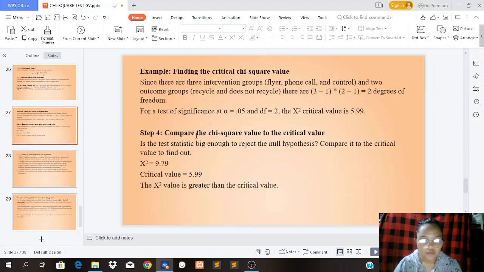Then step 4. Compare the chi-square value to the critical value. Is the test statistic big enough to reject the null hypothesis? Compare it to the critical value to find out. Chi-square equals 9.79. Critical value equals 5.99. The chi-square value is greater than the critical value.